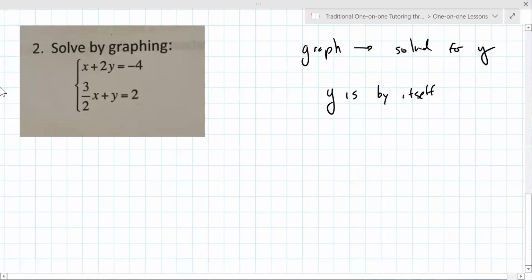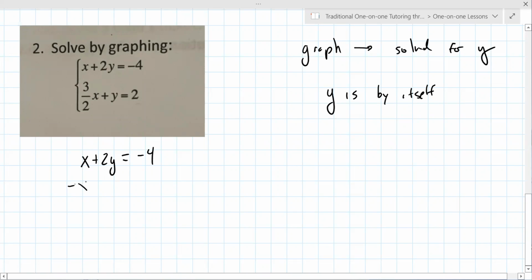Now, when you look at equation 1, x plus 2y equals -4, is y by itself? Is y alone? No. It's got this x and it's got this 2.